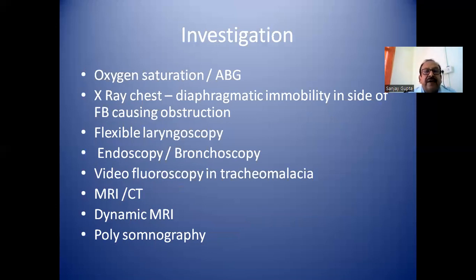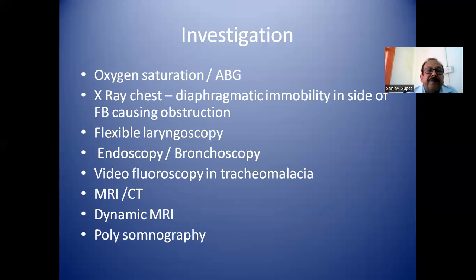Now, how do you investigate these cases of stridor? You have to get the arterial blood gas, oxygen saturation, SpO2 monitoring, X-ray of chest, see the diaphragmatic immobility on the side of foreign body causing obstruction. There is collapse of the lung, if the movement is not seen in one side of the chest.